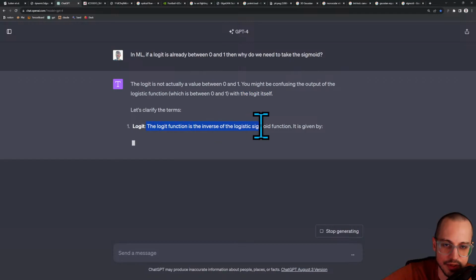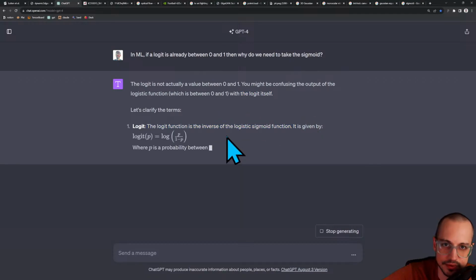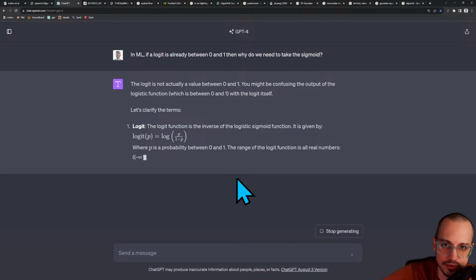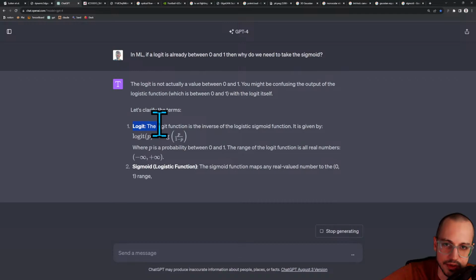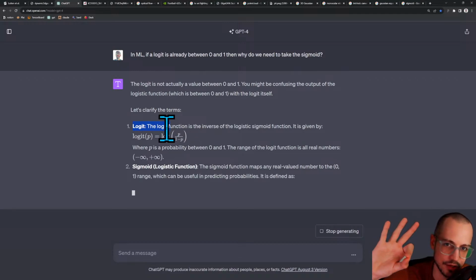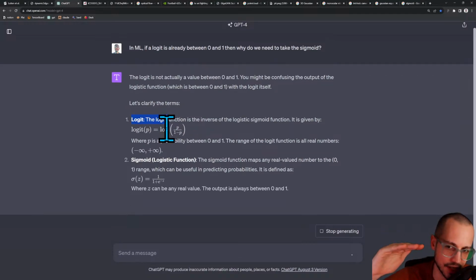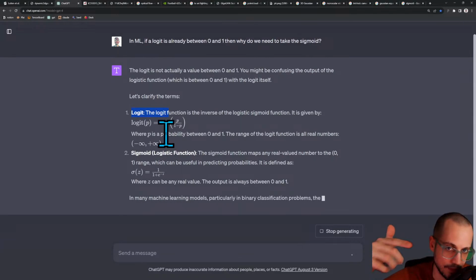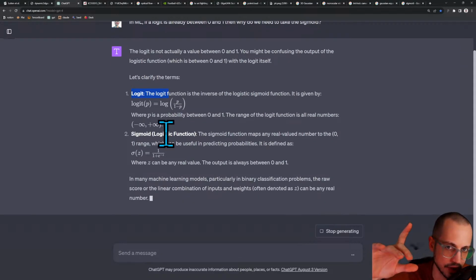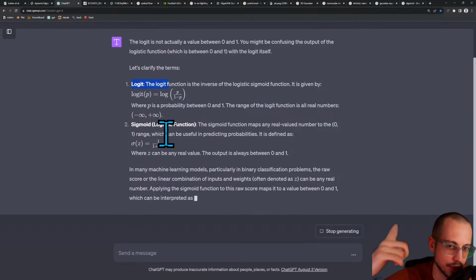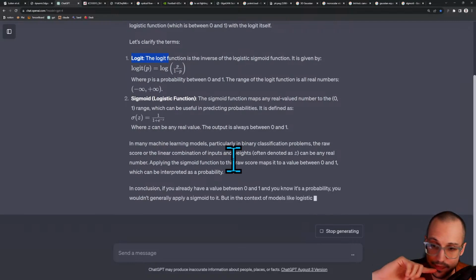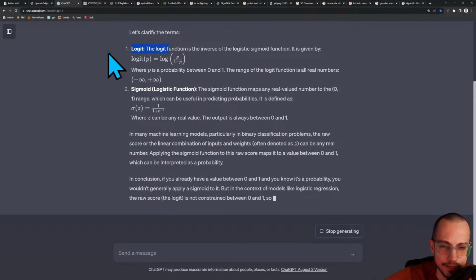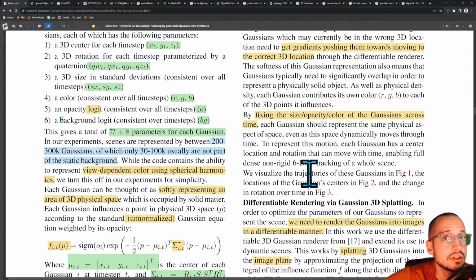The logit is the inverse of the logistic sigmoid function. Yeah, so the values at the last layer of a classification model are called the logits, and those are not between 0 and 1, but you take the sigmoid of them and then they become between 0 and 1. Here you go, there's your answer. Hopefully that didn't confuse you even more, Chris.